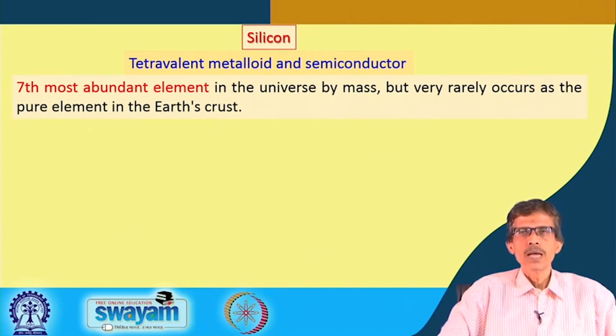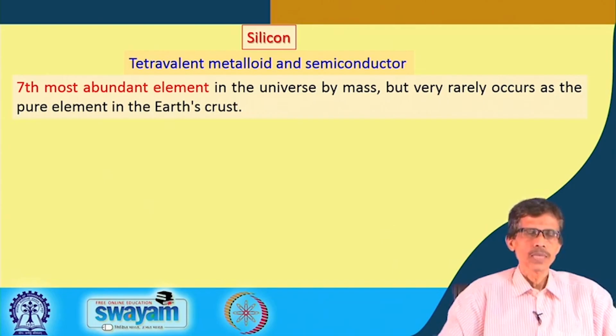So we have not been able to get elemental silicon from the earth crust, but we get different forms, from feldspar to quartz to glass material, as silicon dioxide or silicates or much more complicated aluminosilicates.